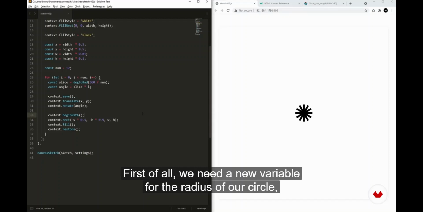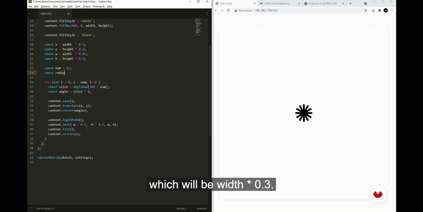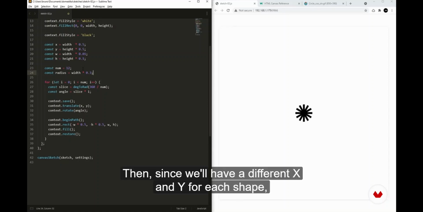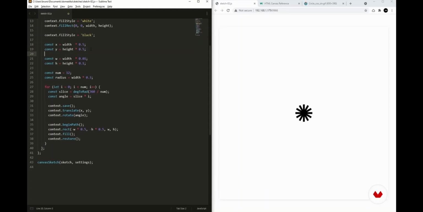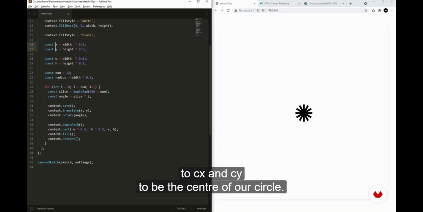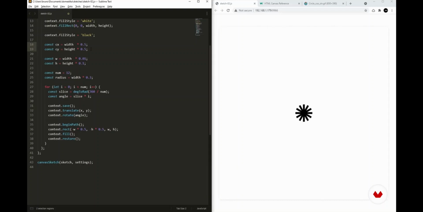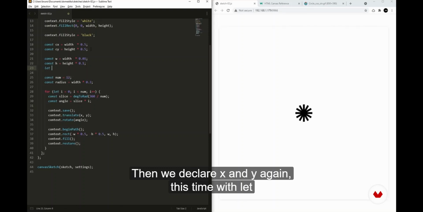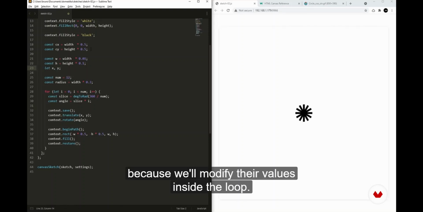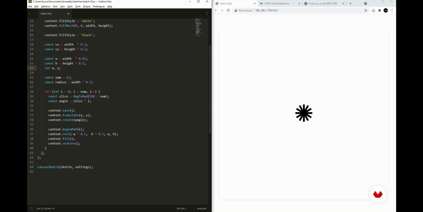So first of all, we need a new variable for the radius of our circle, which is going to be width times 0.3. And then, since we're going to have a different x and y for each shape, we can rename our existing x and y to cx and cy to be the center of our circle. And then we declare x and y again, this time with let, because we're going to modify their values inside the loop.